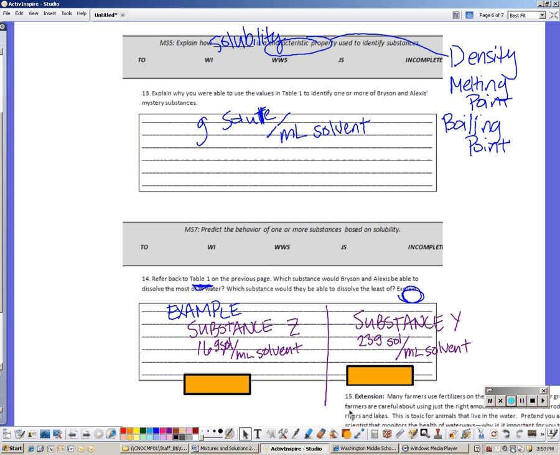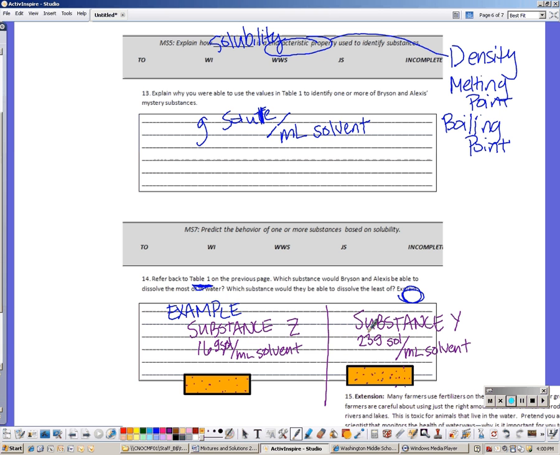If we have a milliliter on either side of this situation, what this means is that I can fit 1, 2, 3, 4, 5, 6, 7, 8, 9, 10, 11, 12, 13, 14, 15, 16 grams of substance Z into 1 milliliter. This means that I can fit 1, 2, 3, 4, 5, 6, 7, 8, 9, 10, up to 23 grams of substance Y into the same amount.